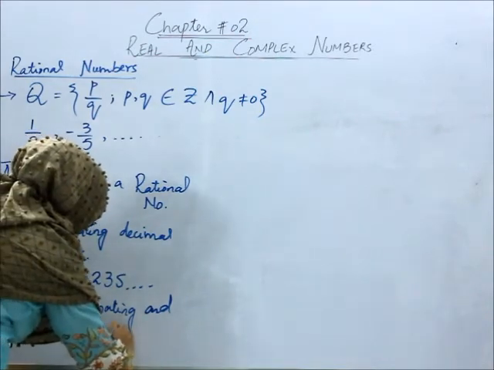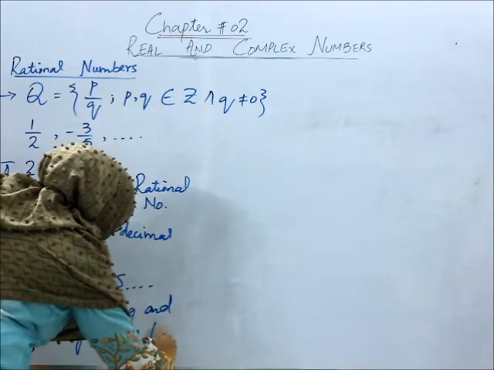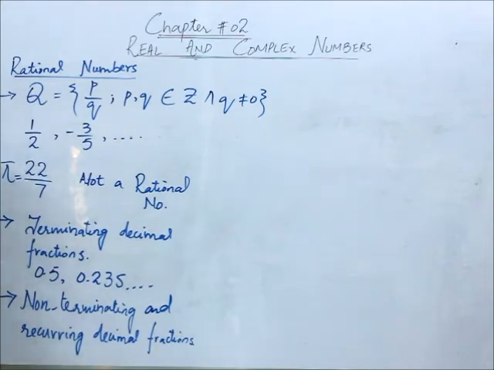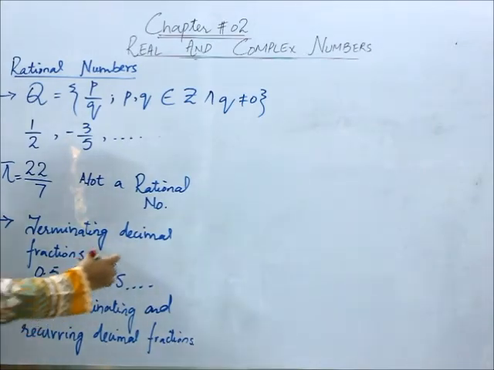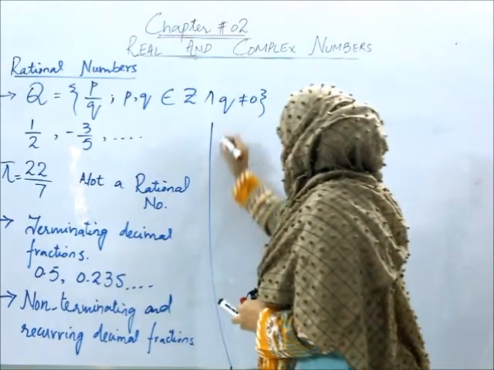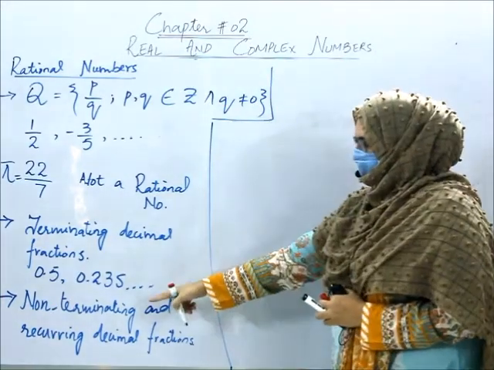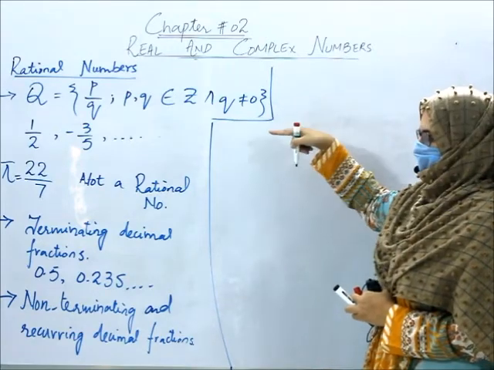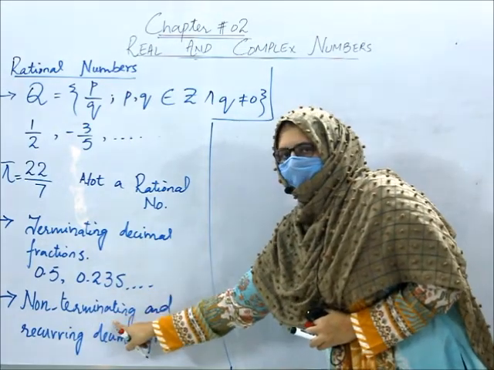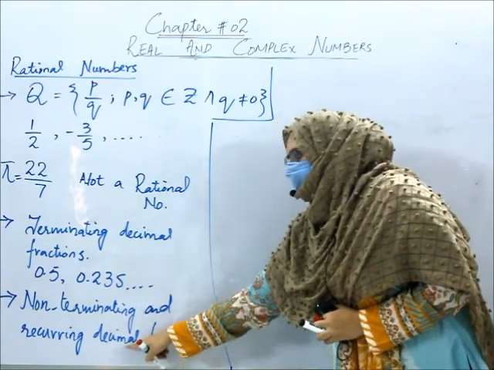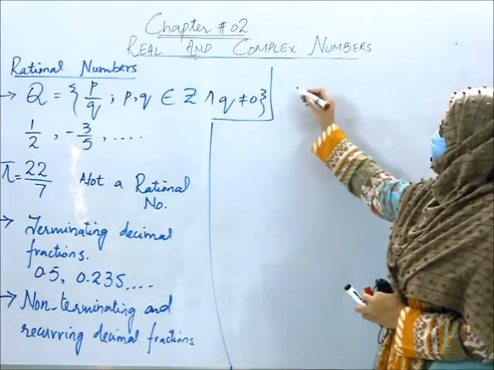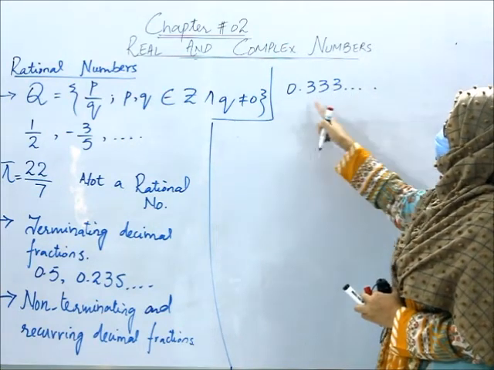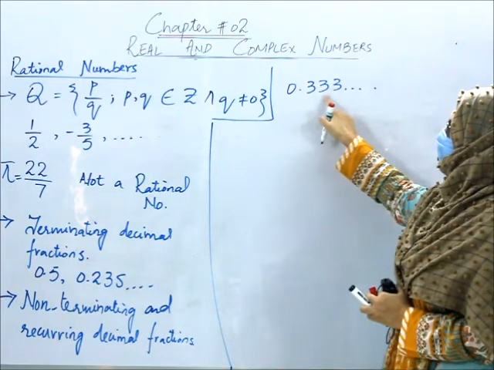Can somebody give me an example? The numbers which are non-terminating and recurring: the digits after the decimal point will not stop, and recurring means a digit or a group of digits will repeat itself. For example, 0.333, and so on.